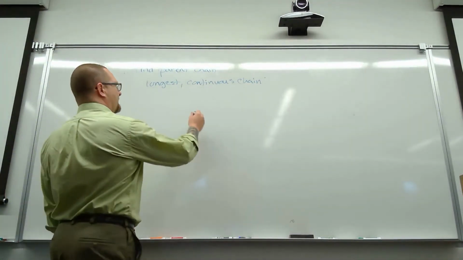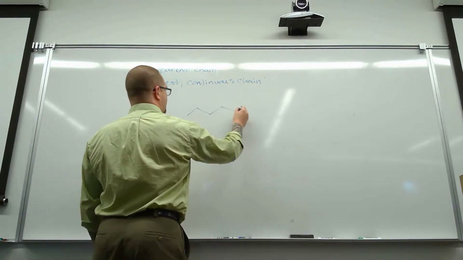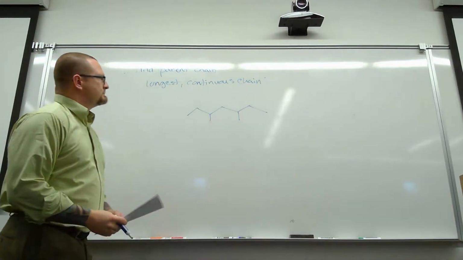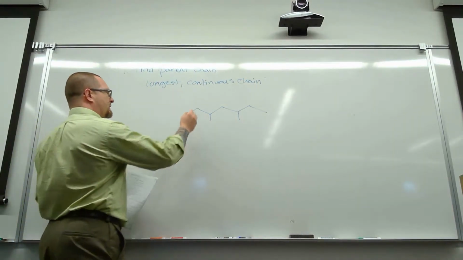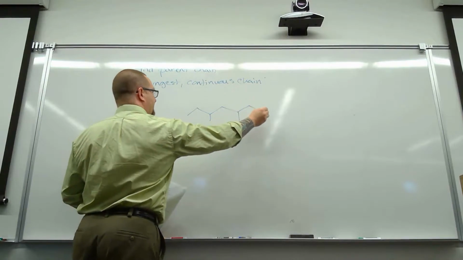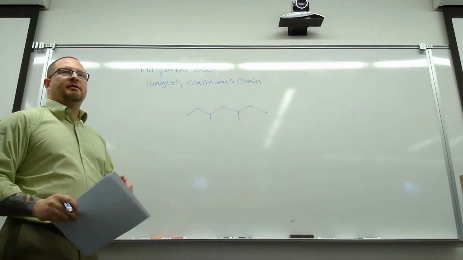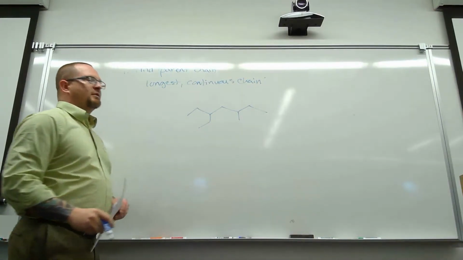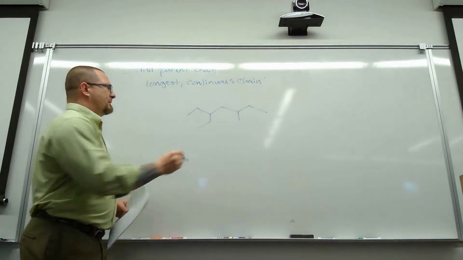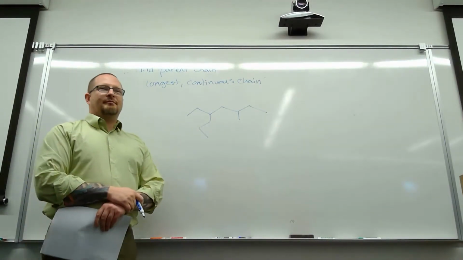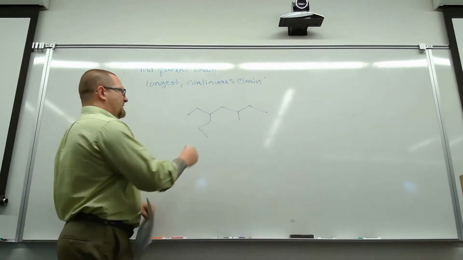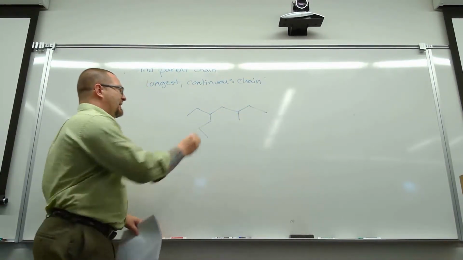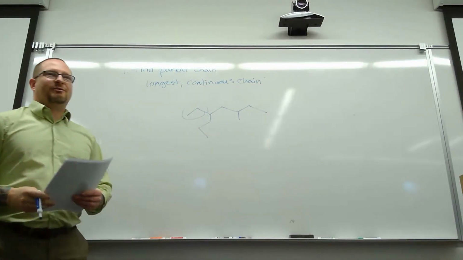So let's say you have something like this. The longest chain would include 1, 2, 3, 4, 5, 6, 7 carbons. So this would be a heptane. Is it still a heptane? Yes. Because now the longest continuous chain is 1, 2, 3, 4, 5, 6, 7, 8. So now it's an octane, and these are no longer part of the continuous chain.